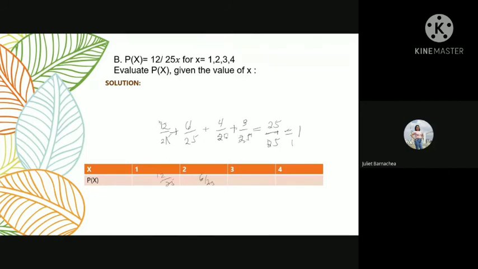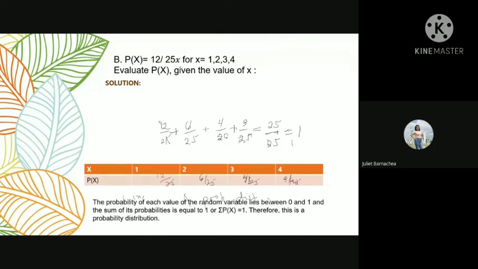In short, this is a probability distribution. The probability of each value of the random variable lies between 0 and 1, and the sum of its probability is equal to 1, or summation of P of x is equal to 1. Therefore, it is a probability distribution.